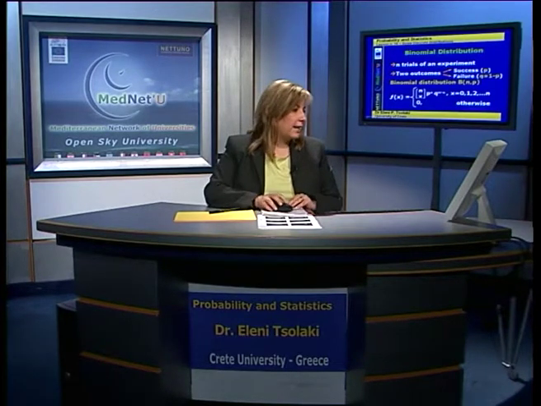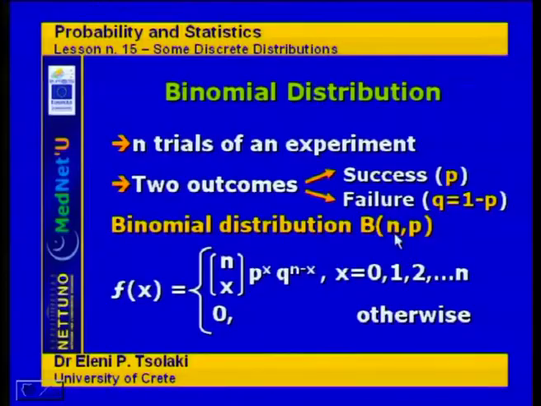In this case, we are interested in n, the number of trials of the experiment, and in p, the probability of success. q is not needed as it can be calculated from p.